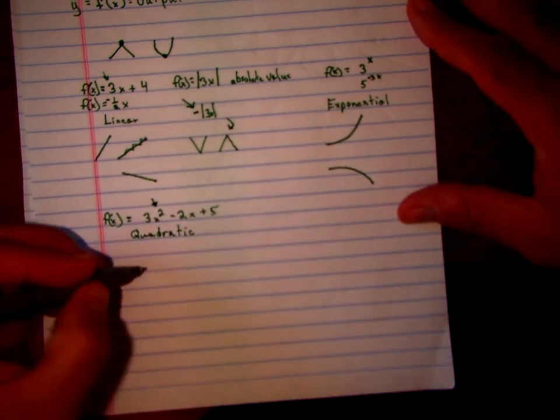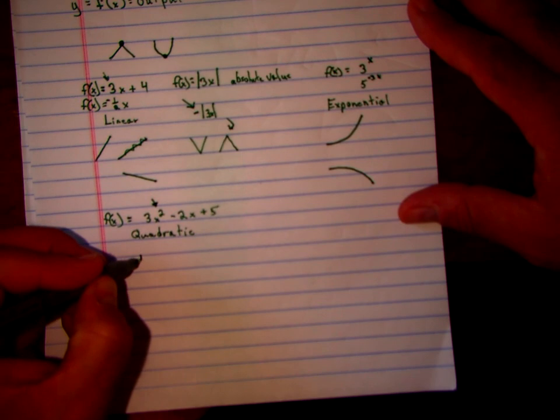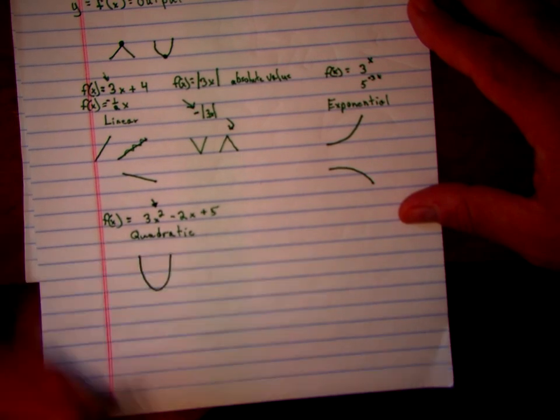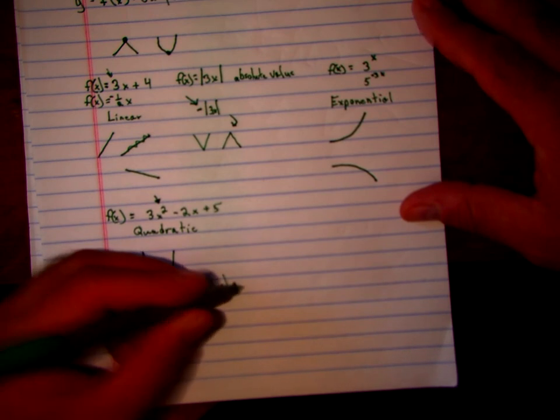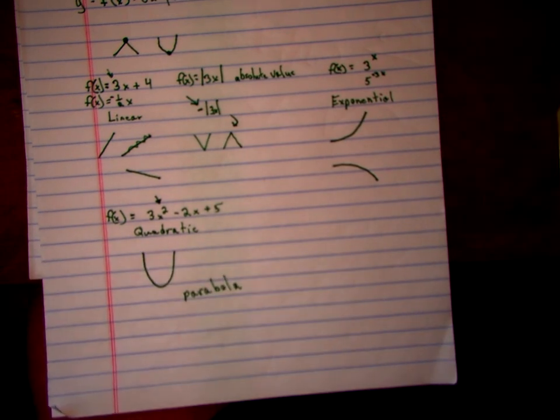Okay, and these quadratic functions are always in the shape of a parabola. Now I'll spell that for you. Parabola. All right, so there are your four of your five functions.